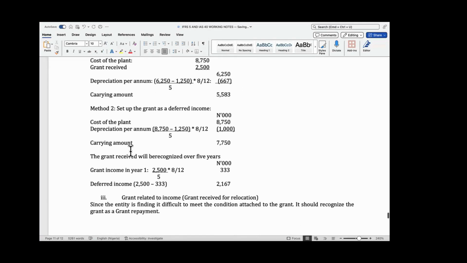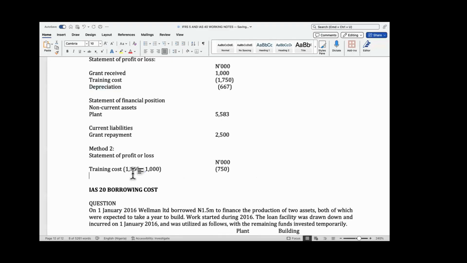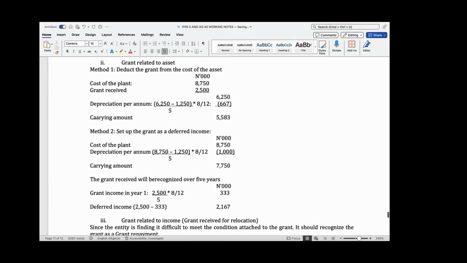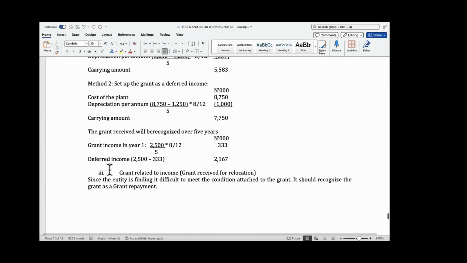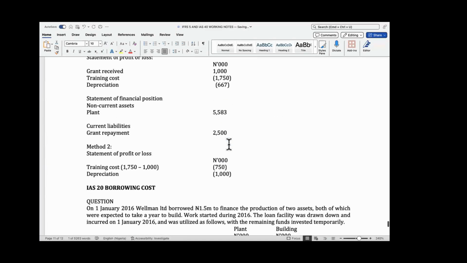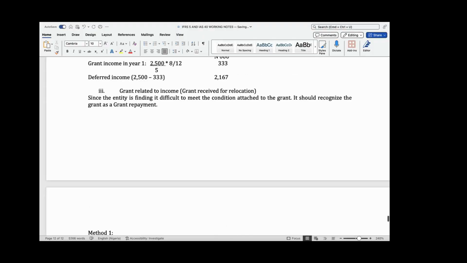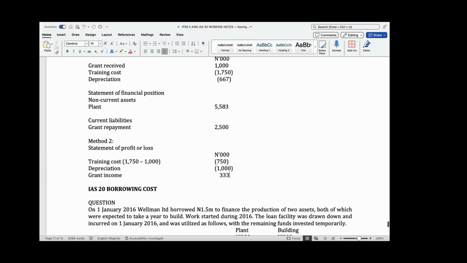For the second grant, we will recognize depreciation of 1 million. Having recognized depreciation of 1 million, we're going to recognize grant income of 333. And that is all for P&L.